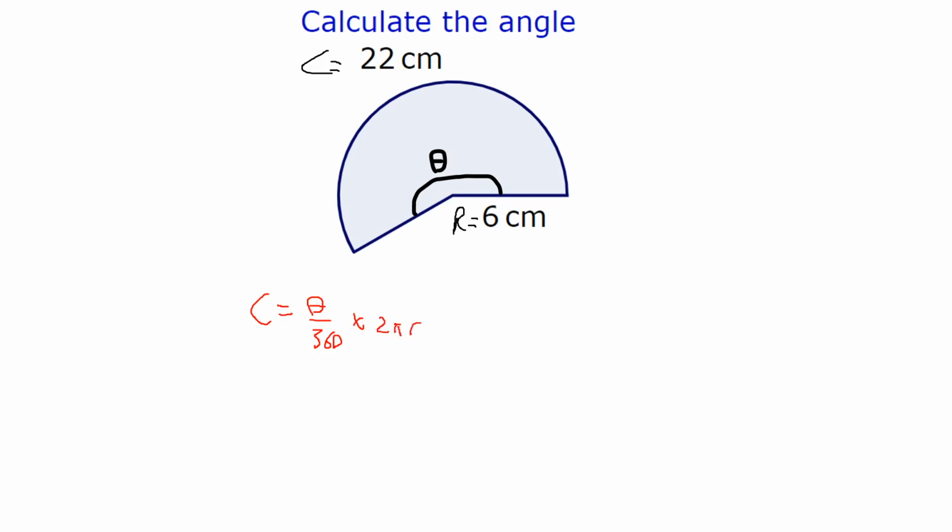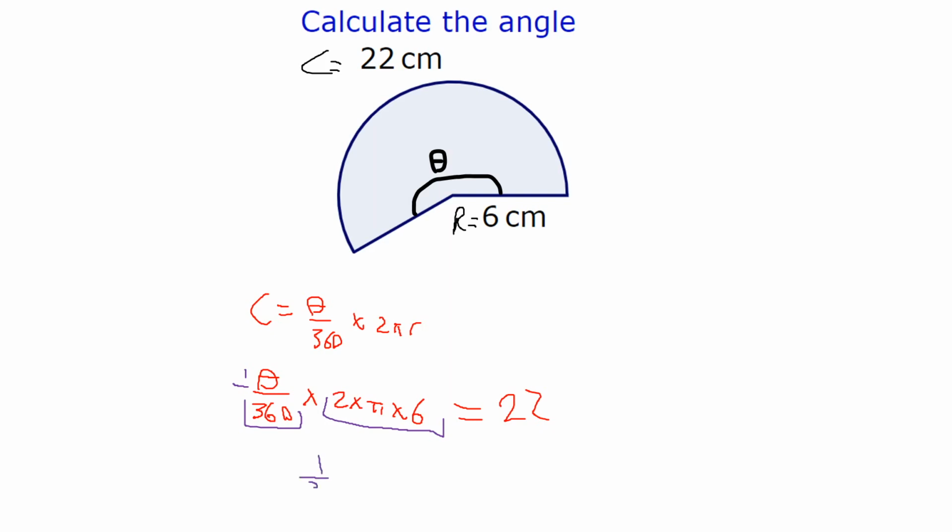So now we know that theta over 360 times 2 times pi times 6 is equal to 22. So now what we need to do is multiply this by 1 over 360, and when we do that, we get an answer of 1 over 30 pi.